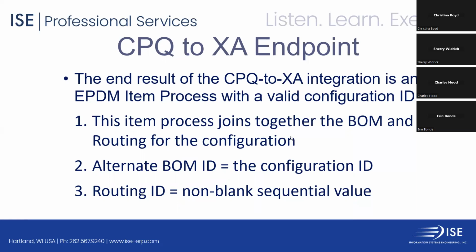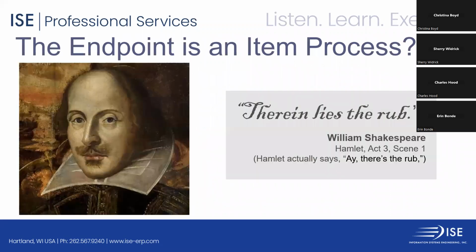So that all sounds good, right? So you have the alternate BOM ID refers to the bill of material for that configuration. Then your routing ID is a non-blank sequential value. Those are alpha, like AA, B, C, V, A, something like that. And so you're joining together your BOM and your routing for that configuration, and you have an item process that has a cost and a price and a description.